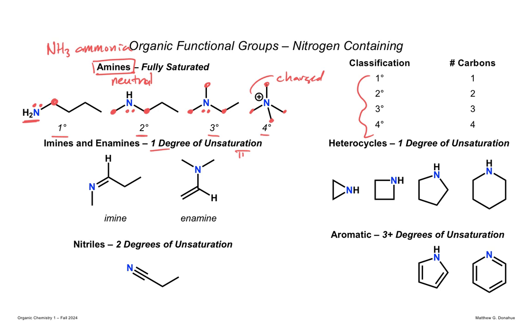If you have nitrogen that's in a double bond with carbon, that's called an imine, I-M-I-N-E. If the nitrogen is bonded to a carbon-carbon double bond, that's called an ene-amine. And that comes from alkene plus amine.